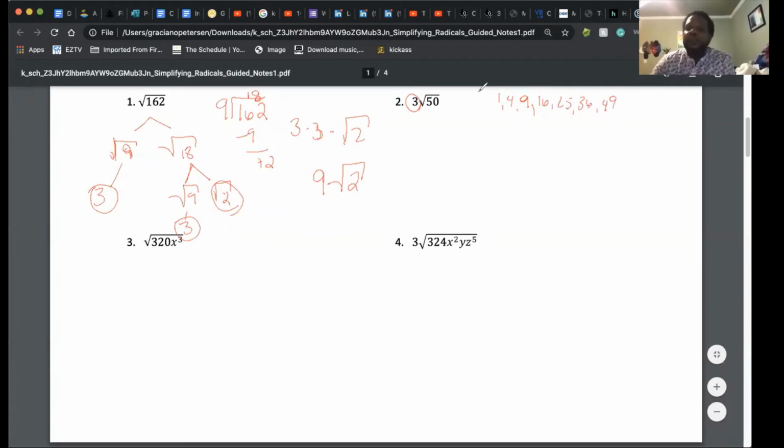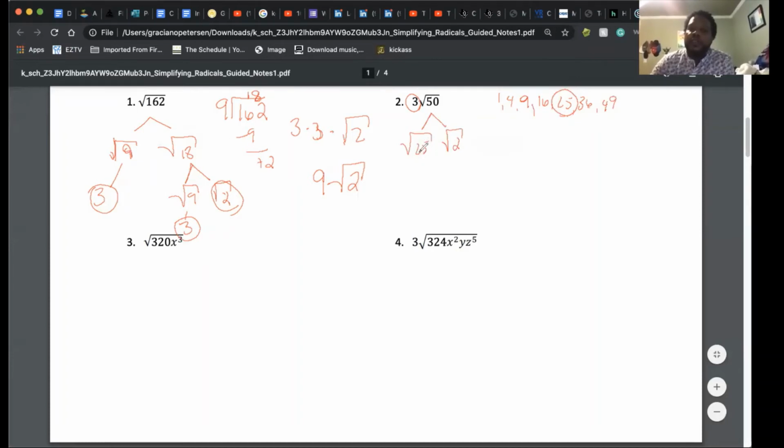Which one of these is the biggest one that goes into 50 evenly? There are a couple of ones here that can be divided into 50 evenly, but 25 is the largest one, because 25 times 2 is what? 50. So I'm going to break this 50 down into the square root of 25 times the square root of 2, because 25 times 2 is 50.